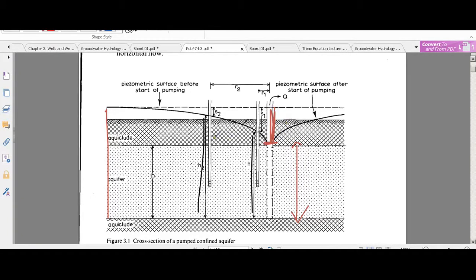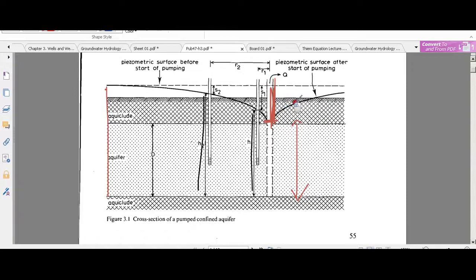Because this difference is simply the vertical line that connects the original piezometric surface before pumping to the level of water, that gives the drawdown when the radius equals the radius of the well.